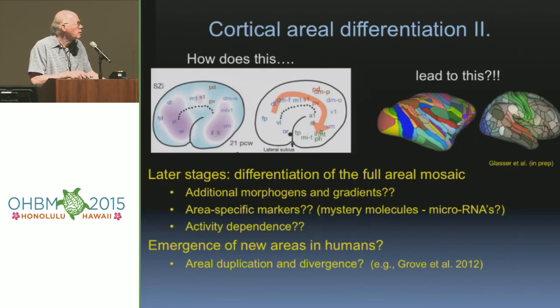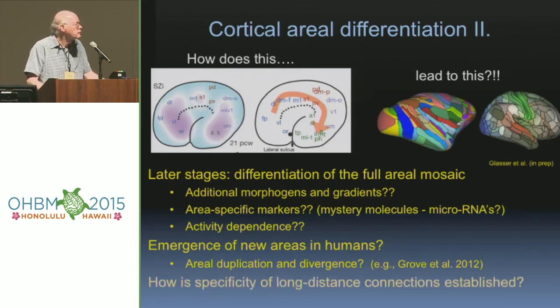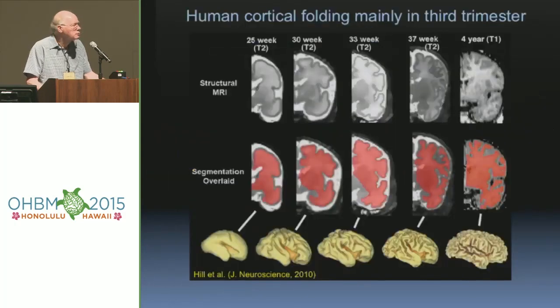There's evidence from mouse model studies by Elizabeth Grove and others that altered expression of specific genes, such as FGF8, I believe it is, can lead to duplication of areas and potential divergence. So there's a framework for thinking about this, but it's largely an unresolved set of issues.